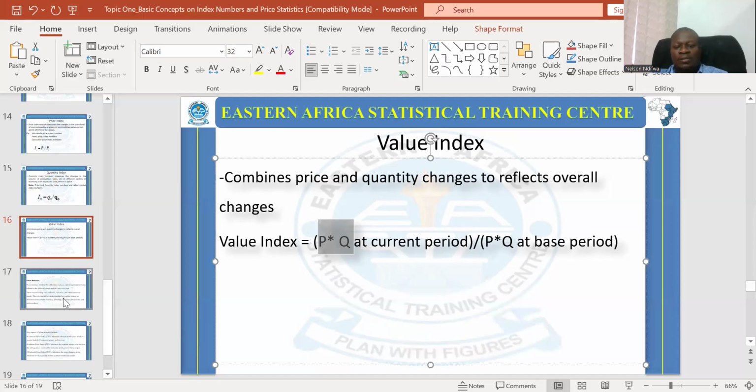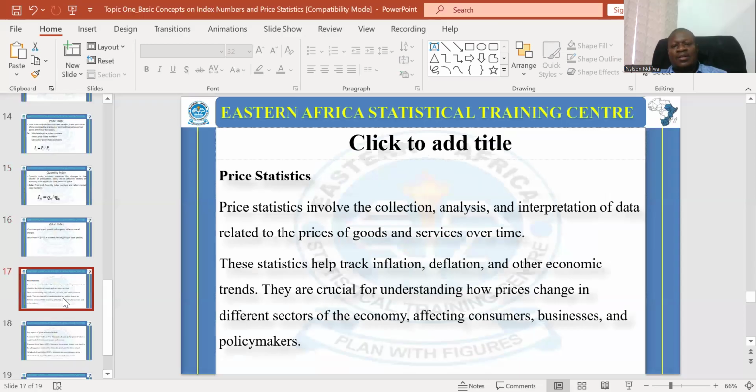And also, in statistics we will be focusing on price statistics. Most of the indexes of interest in statistics are based on price statistics. Price statistics refers to the collection, analysis, and interpretation of data related to the prices of goods and services over time.